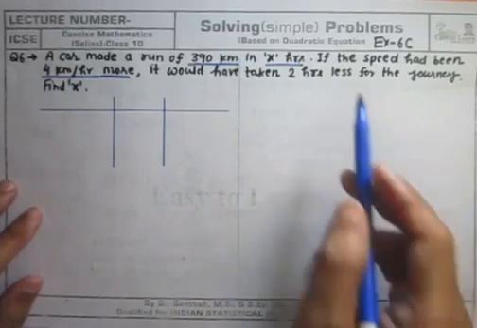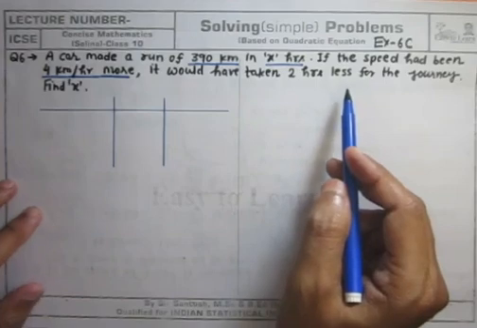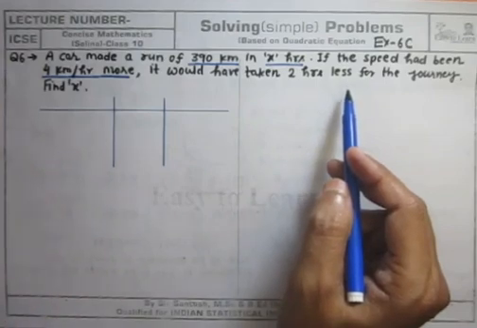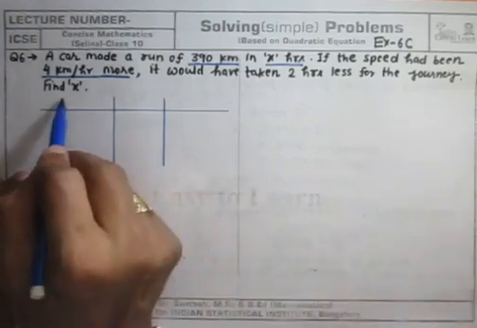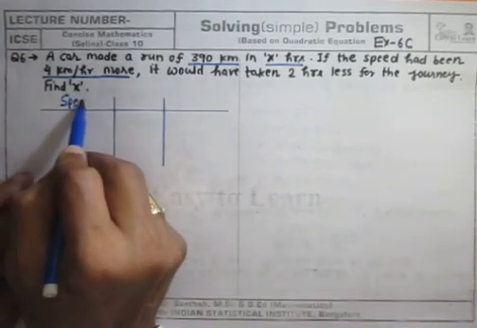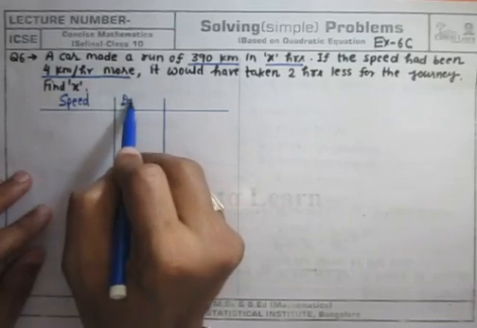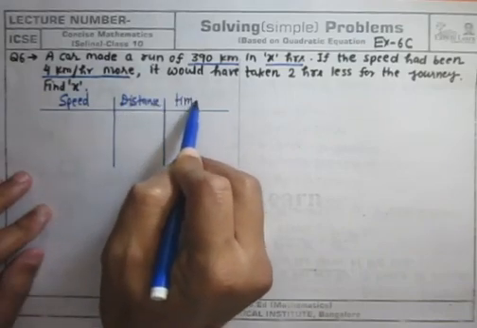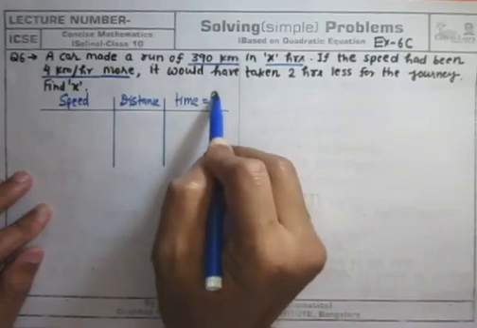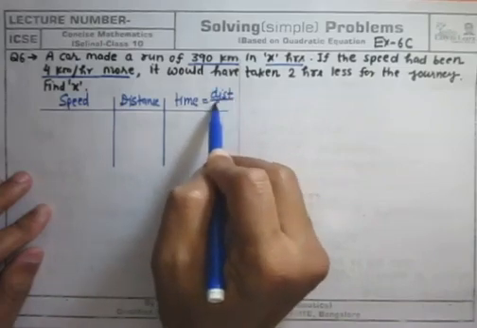So here in this question, speed, distance, time, that is distance by speed.